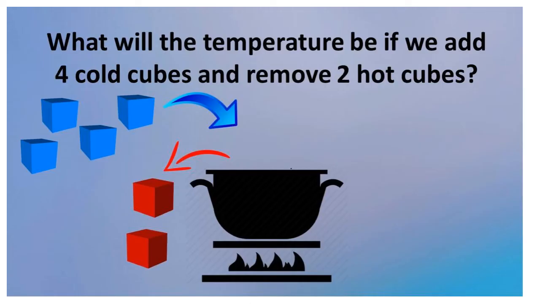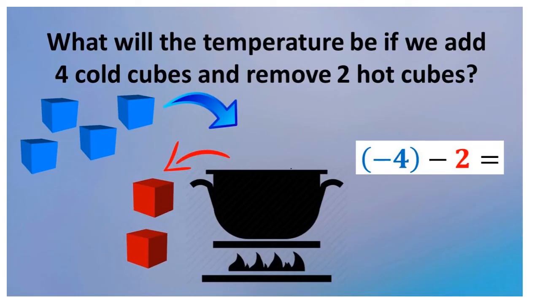Last example. What will the temperature be if we add 4 cold cubes and remove 2 hot cubes? Adding cold, removing hot. What's going to happen to the temperature? -4 for the cold cubes going in, minus +2 for the hot cubes coming out.